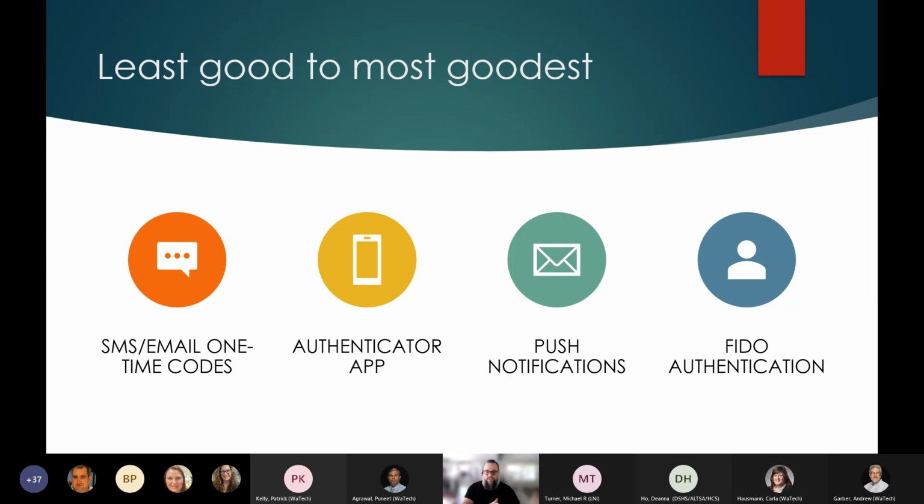Starting from left to right, I will work through there because there is a hierarchy, right? Not all MFA is equal. On the bottom end, you have things like SMS or email one-time codes. These are probably the most prevalent out there.